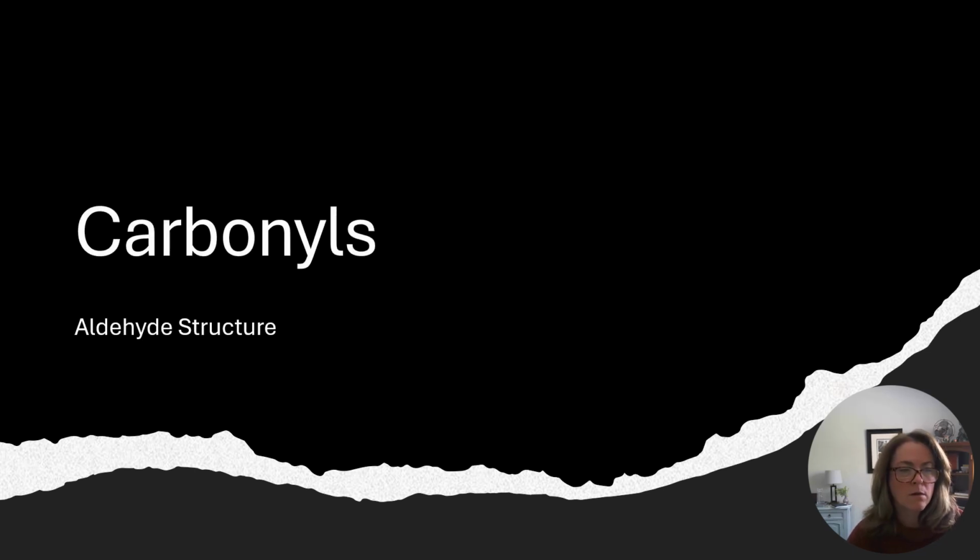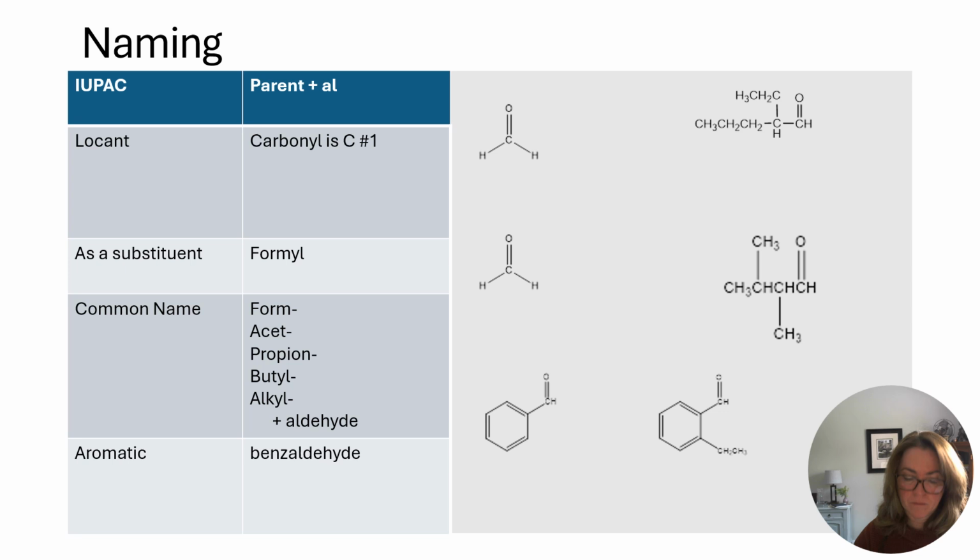So now we're going to start to focus on naming and drawing for carbonyls, and we're going to start with our aldehydes first. All right, so let's start with IUPAC naming for our aldehydes. When we are naming these, we are going to start with the parent chain like we have before, all the time.